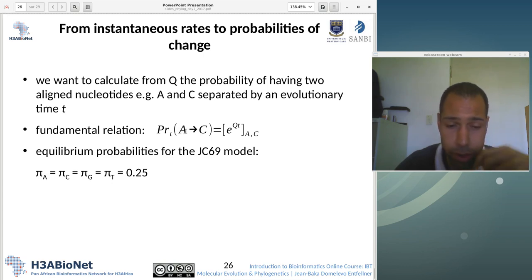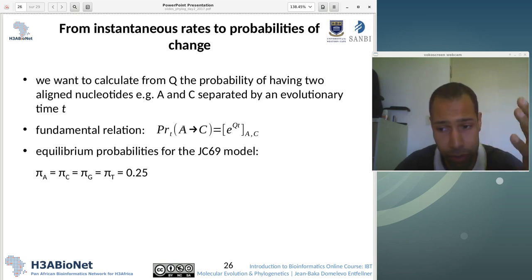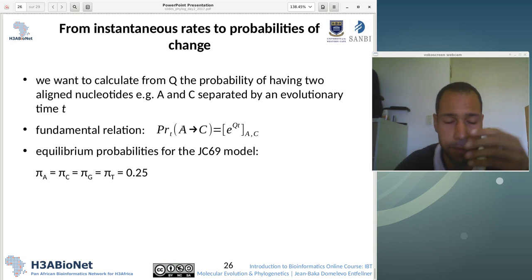We're not talking about individual mutations. We're talking about the fate after an arbitrary amount of time t, the fate of a nucleotide that was initially A. It may have undergone several mutations.